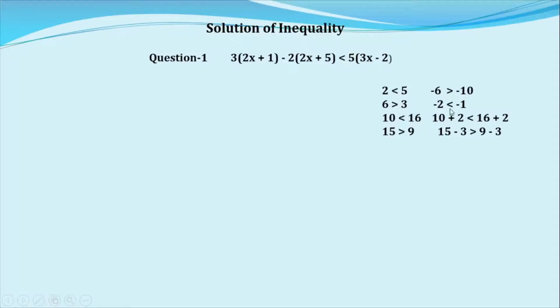If it is greater than, it will become less than. Now we apply these rules. These are somewhat different as compared to equation rules. So let's proceed to solve this question.